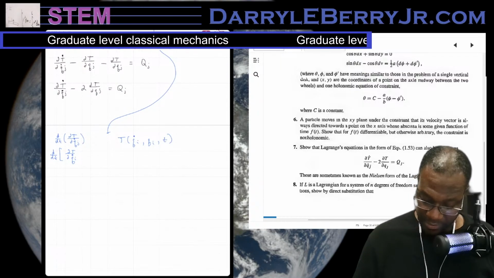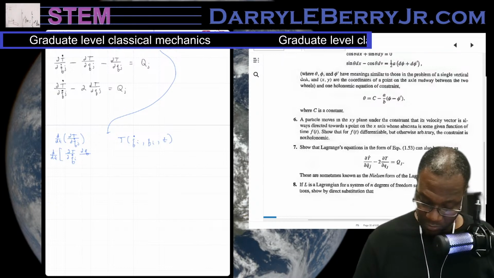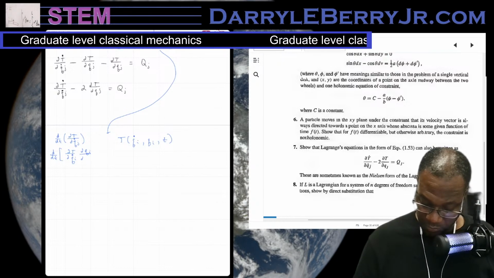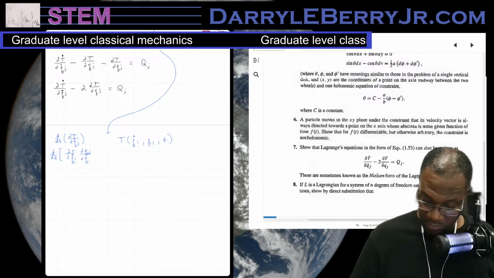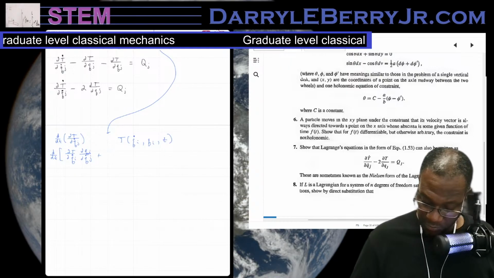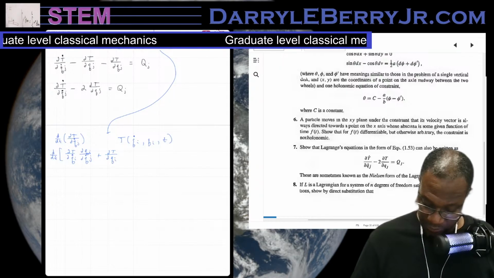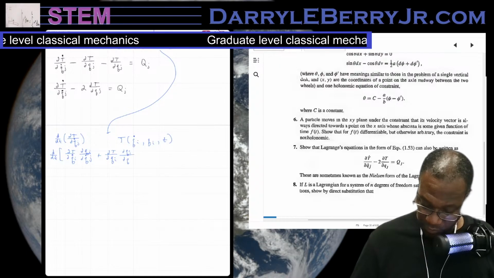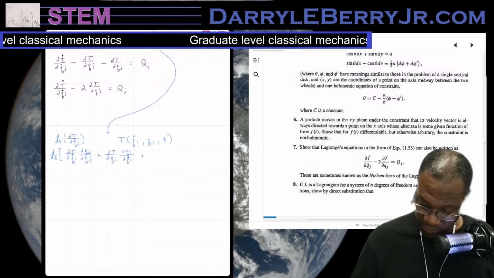So we have partial q_i, partial t, partial q_i, partial q_i over partial q dot j, plus partial t, partial q_i, partial q_i over partial q dot j, plus partial t, partial t.